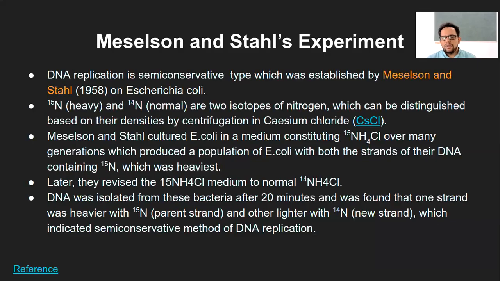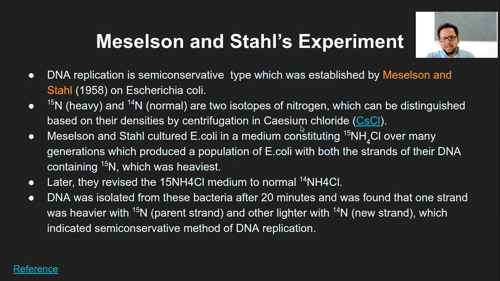Okay, now how do we prove this semi-conservative DNA replication? There were quite a few experiments to prove that replication happens in a semi-conservative way and not as a whole, like the conservative or dispersive way.